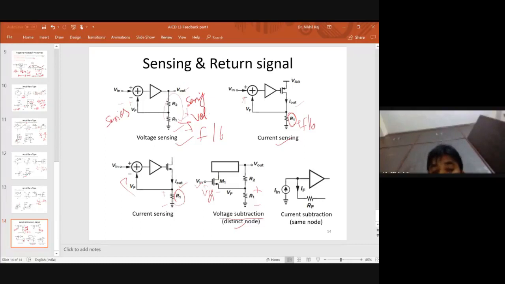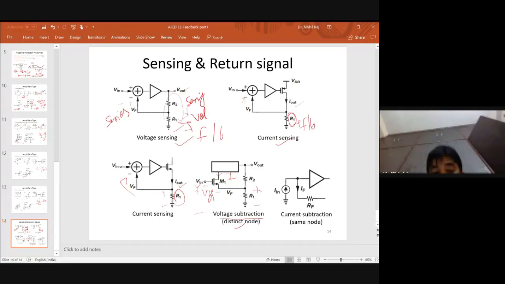This VGS and the R1 voltage together will decide the drain current. Some voltage polarity I am not taking into consideration right now.